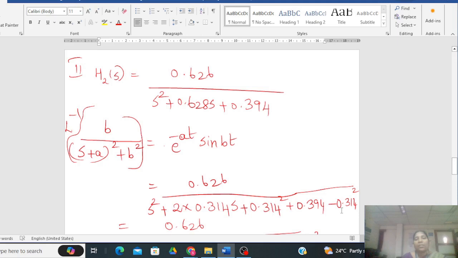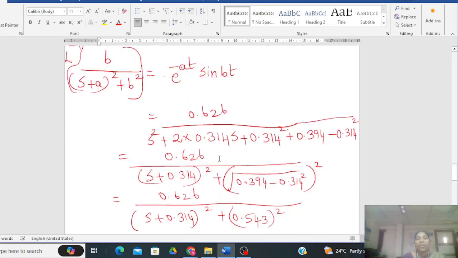So we can write this equation as 0.626 divided by (s plus 0.314) the whole square plus the square root of 0.394 minus 0.314 square, the whole square. So the value is nothing but 0.543 the whole square.